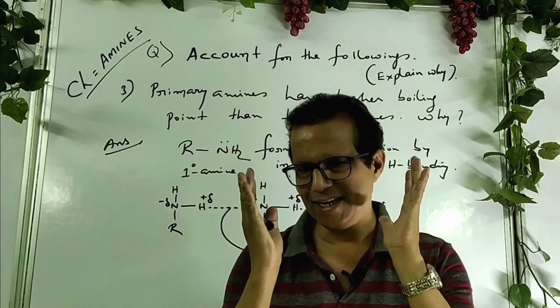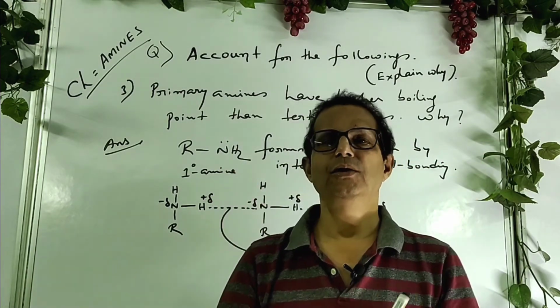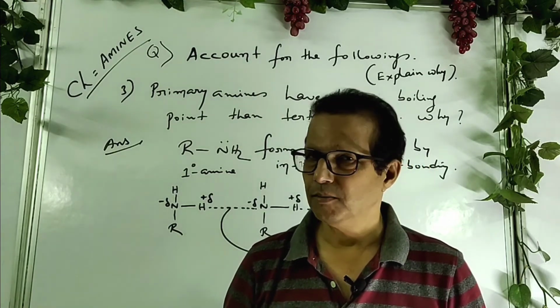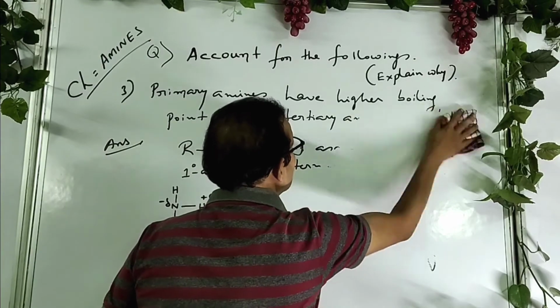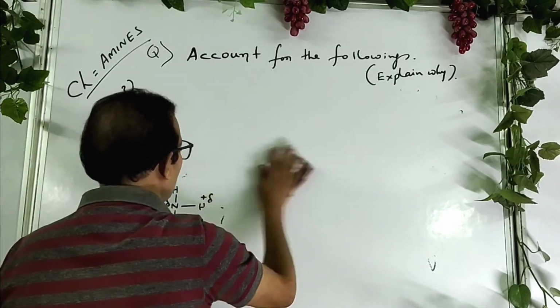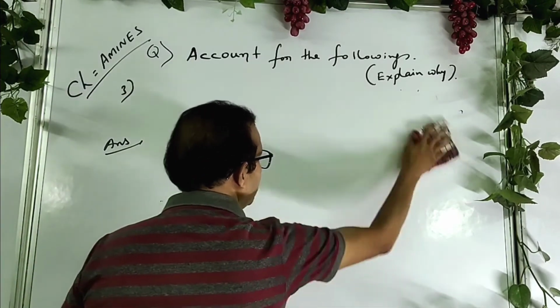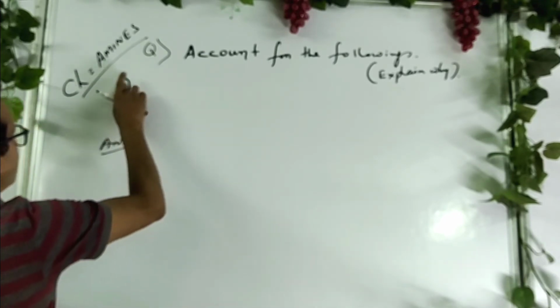So let's see one question relating to molecular mass. Remember it, there are three questions from which you will get the explain why format. This is the format of CBSE actually, or ISC.